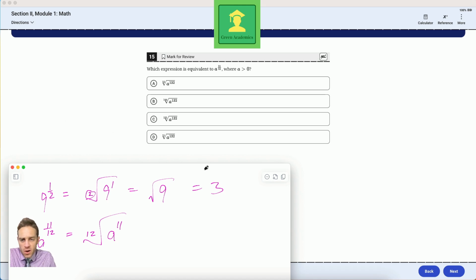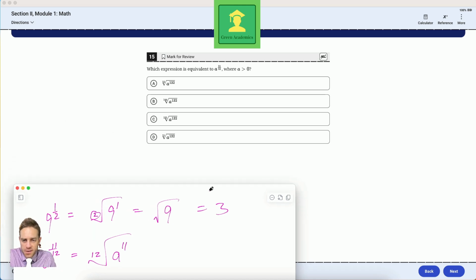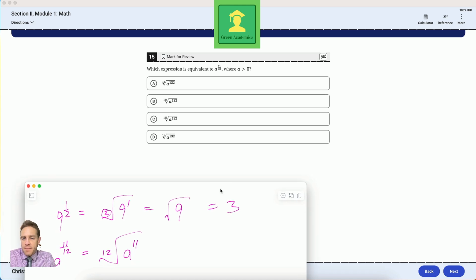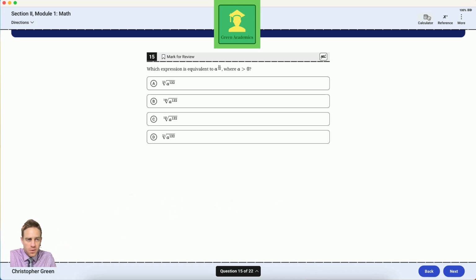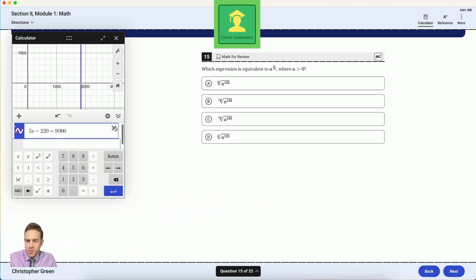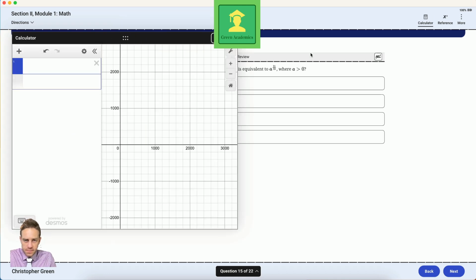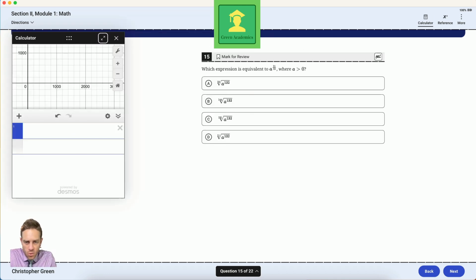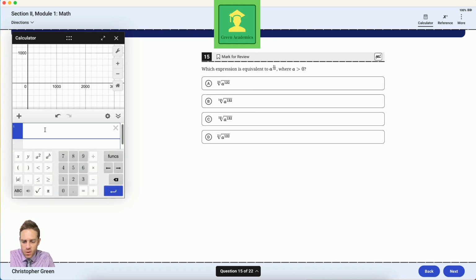Now, of course, that itself is not an answer choice. It looks like there are different fractions that might be equivalent. I bet you could get Desmos to help you with this to confirm by reducing the fraction. So for example, just the number 132 over 144. 132 divided by 144.